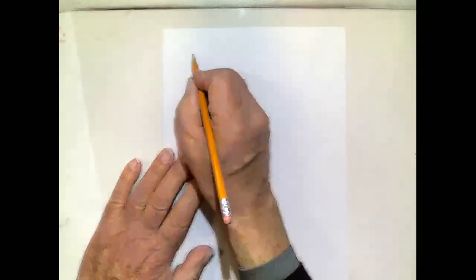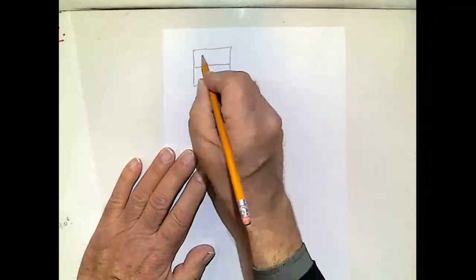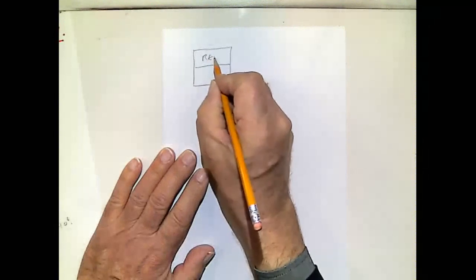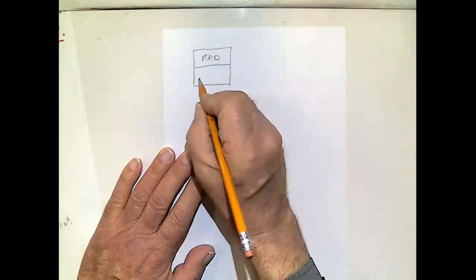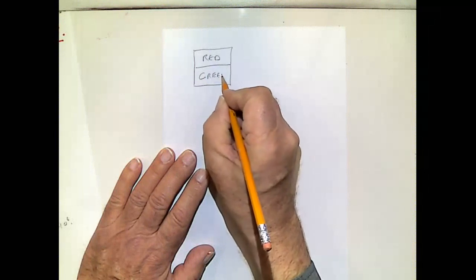Let's have an image which is red and green. Okay, can you imagine that? It's sunset in the countryside in a field, if you like. But I've just put it as a red block at the top and a green block at the bottom.